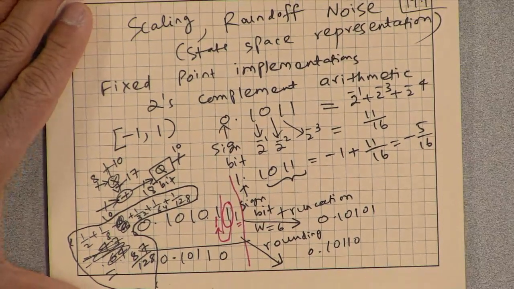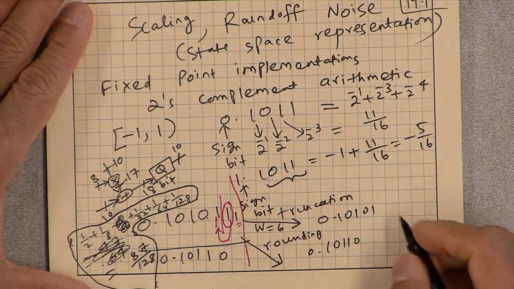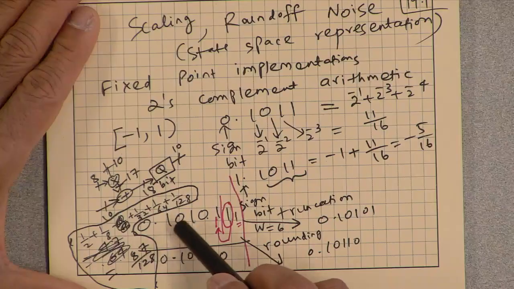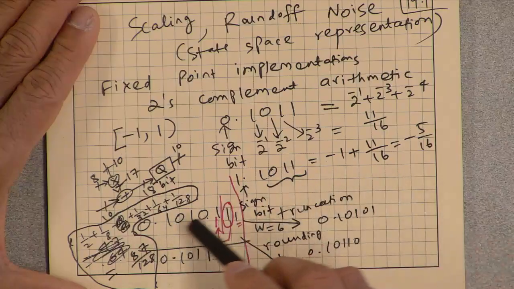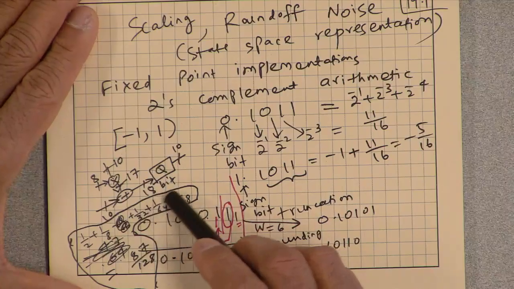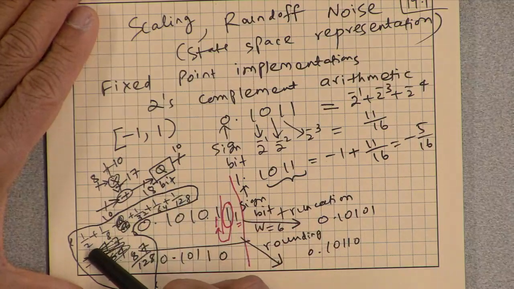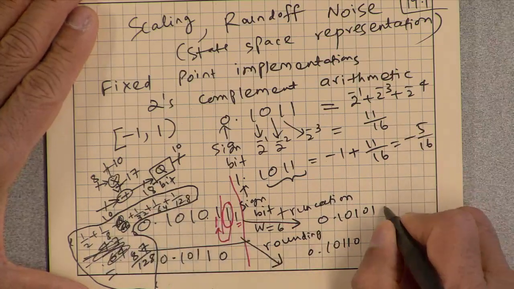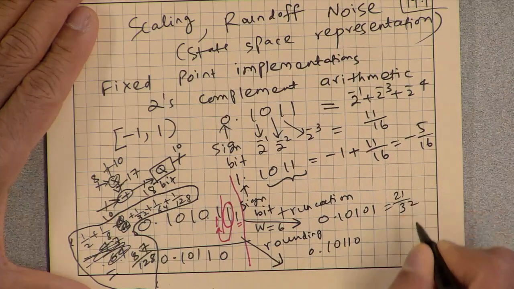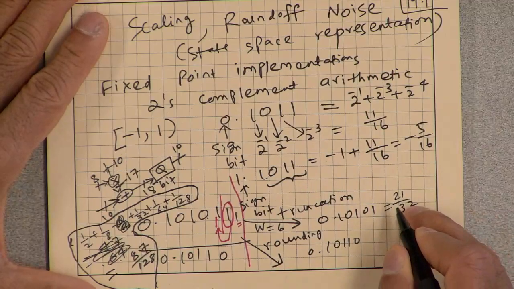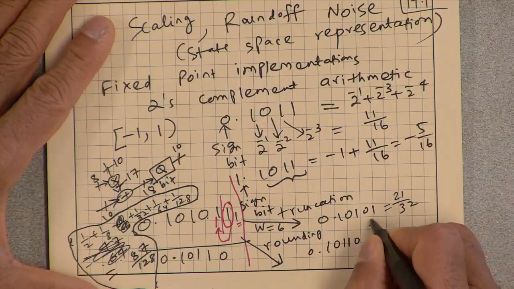So 87 by 128, and this one is basically we truncated that, we threw out everything after this point, so these two are gone. So we have 16 plus 4, 20 plus 1, 21 by 32, which is 84 by 128.